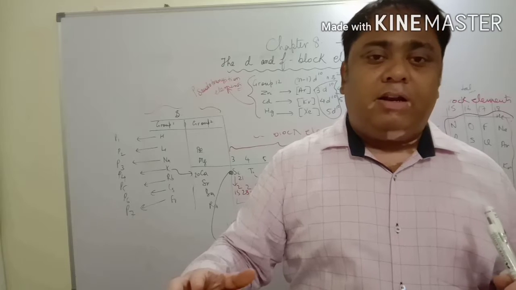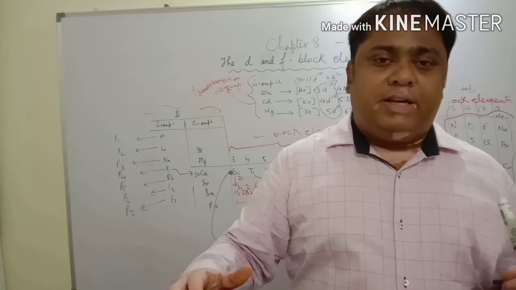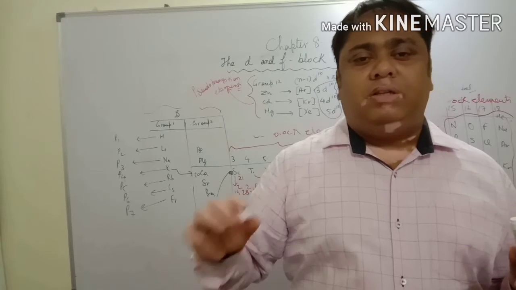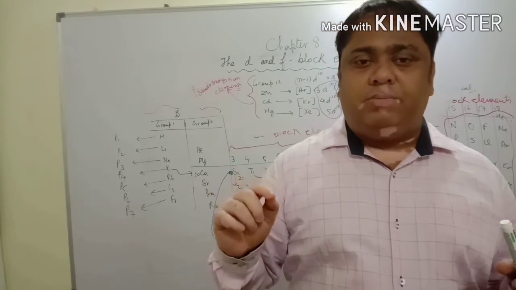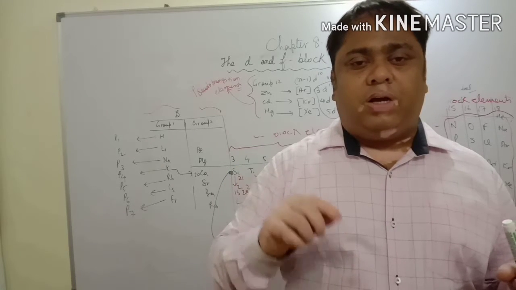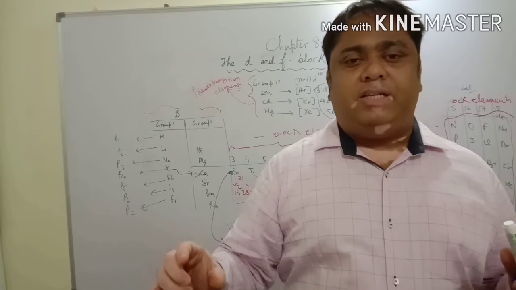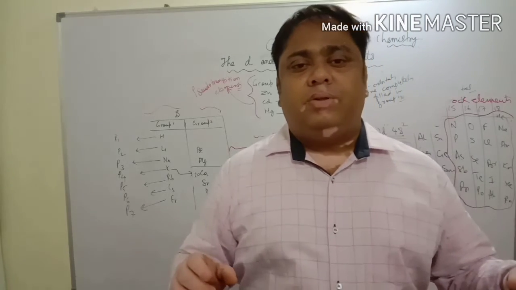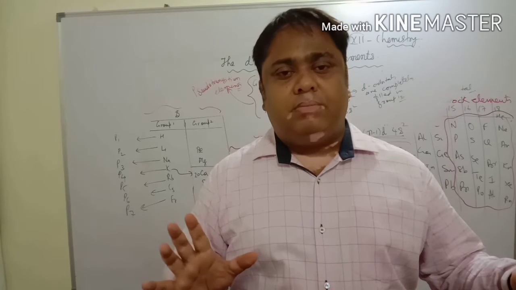They give colored salts because there is a provision for the electrons to undergo dd transition. Okay, dd transition means movement of the electron from one d orbital to the other d orbital, or d suborbital to d suborbital in the same valence shell.